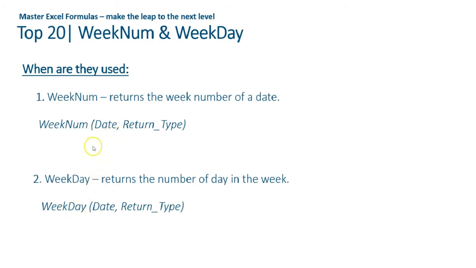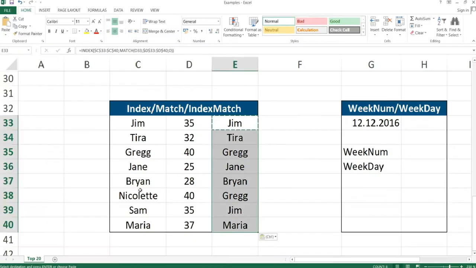So what we need in terms of the structure is pretty similar. Both need a date to be entered from a specific cell, for example, and then a return type. You will see what I mean by return type in the examples that I am going to give you now.